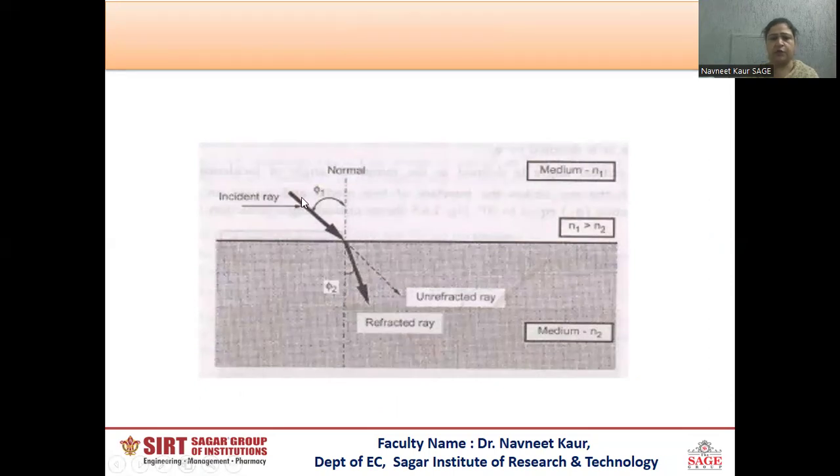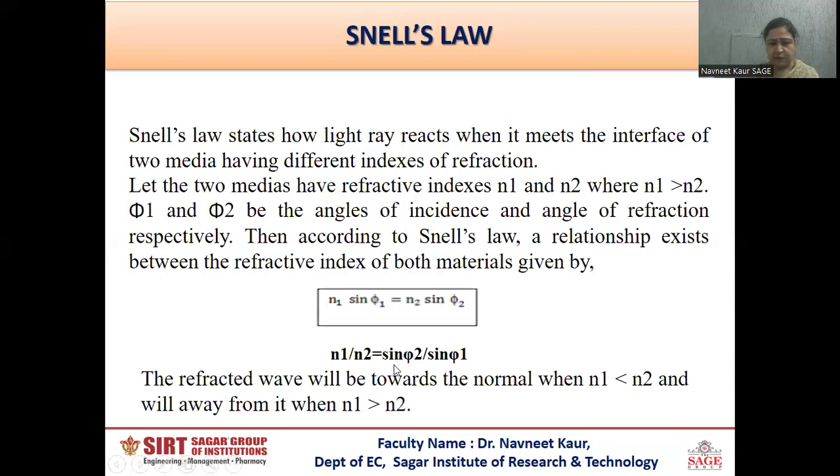So here we conclude that if N1 is less than N2, then phi 2 is also less than phi 1, because this is a constant ratio. Now, in that case, N1 is less than N2.